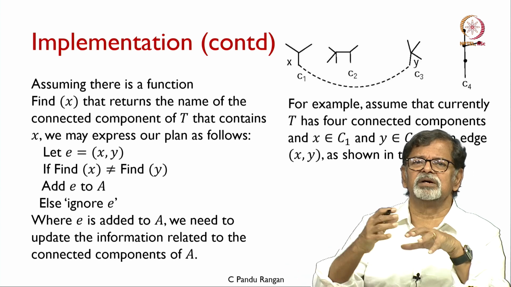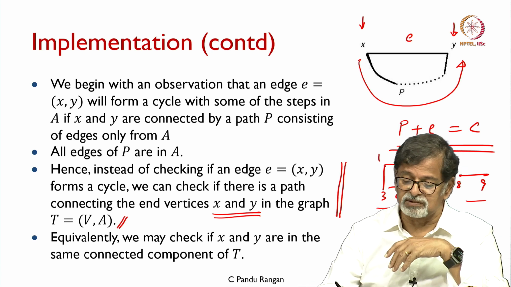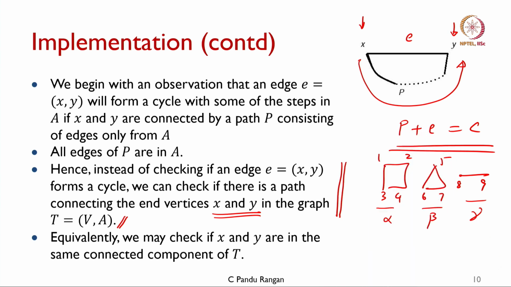For example, if you name this as alpha, this as beta, this as gamma, find 6 should return beta, because beta is the name of the component containing 6. Find 2 should return alpha, because alpha is the name.